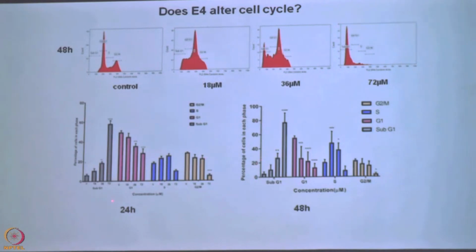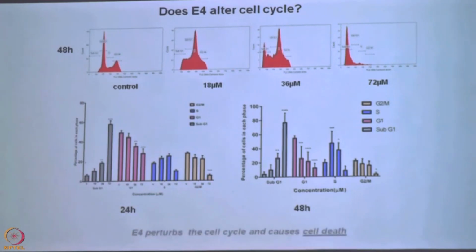The same thing at 24 and 48 hours, the result is wonderful. Some confusion is there. This pattern is the same, but this pattern is changing in the S phase. No answer we have. This happens because different doses are working at different time points on different things. But this shows the sub-G1 population is altering.